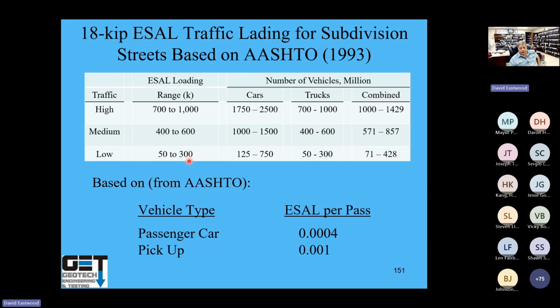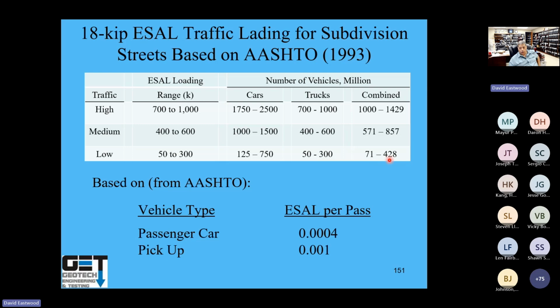For low traffic loading, 50,000 to 300,000 ESAL, you can have 125 million cars to 750 million cars for low traffic. And you can have 50 million trucks to 300 million trucks.